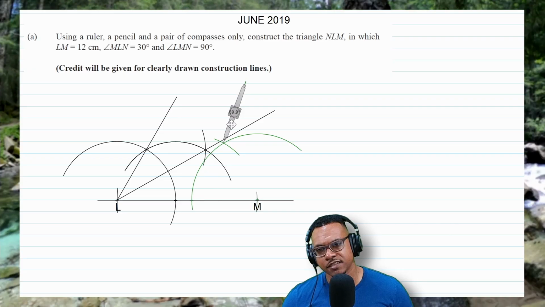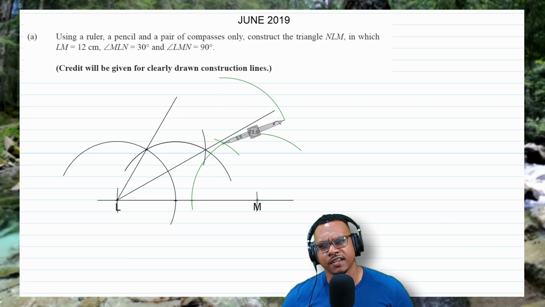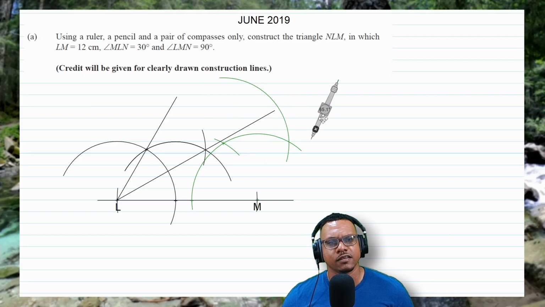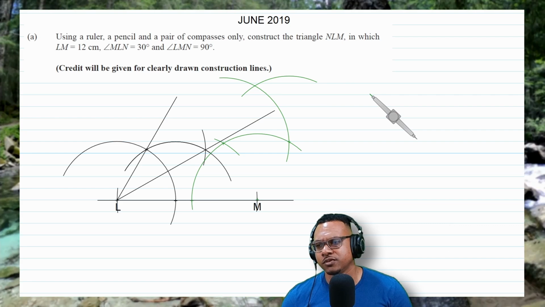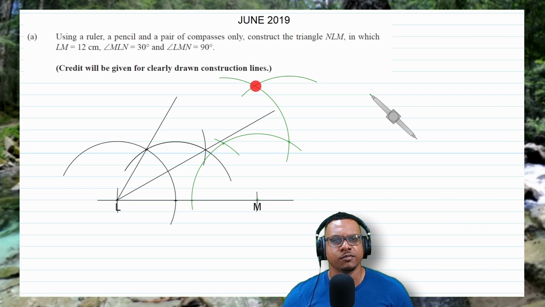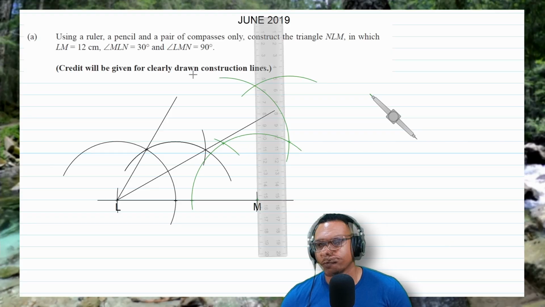Where those two arcs intersect, place the compass point there again, and I'll make an arc like this. And where these two arcs intersect here, place the compass point and make an arc like that. Okay, so what I'll do now is connect this point here where these two arcs intersect and M, and that will be my 90-degree angle.